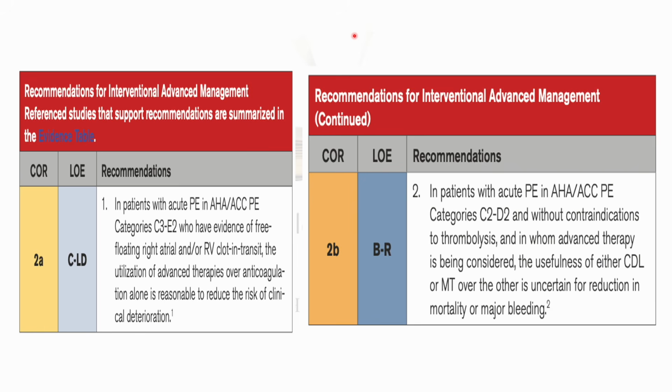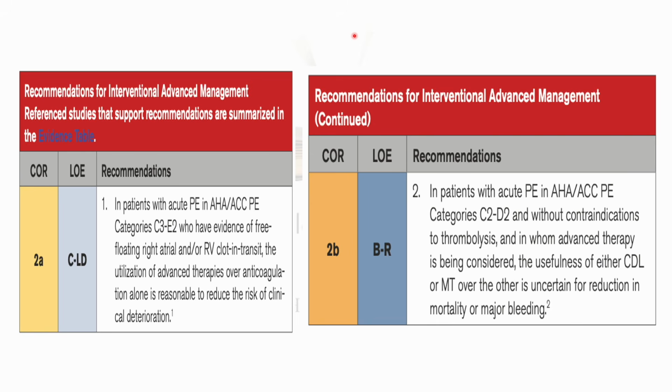There have been certain retrospective analyses mentioned in the guideline where they've looked at the PERT consortium registry and they've shown that there is an independent association between clot in transit and mortality. And in such a case, you may want to manage the clot in transit with the methods that are depicted here.